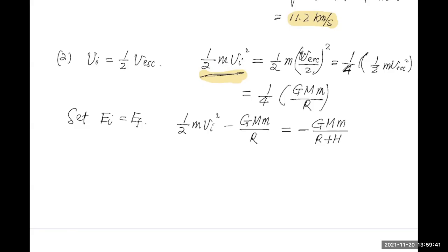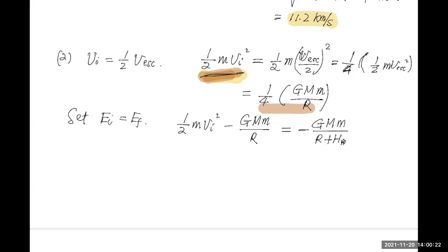This expression can be easily simplified if I use what we saw earlier. And that's this equals that. So I can rewrite the first term of the left-hand side as a quarter of the magnitude of the second term.